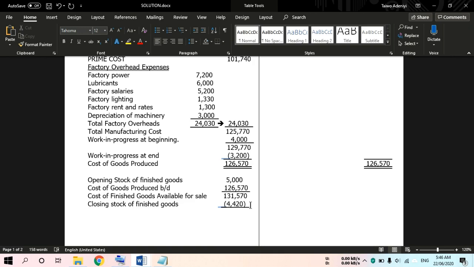Minus 4,420. That will give me 127,150 naira.